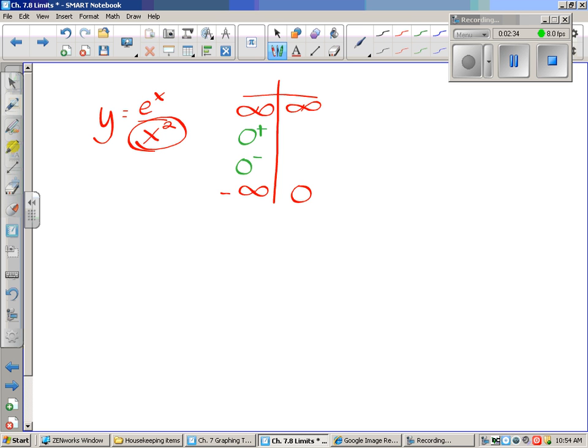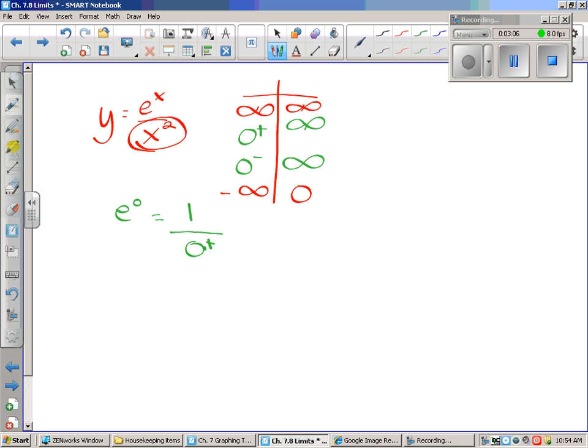When you plug 0 into the top, you have e to the 0, so that would be 1. And when you plug 0 into the denominator, when you square it, it's going to become 0 plus, regardless of whether it's 0 plus or 0 minus. Are you still with me? So these would both be infinity.